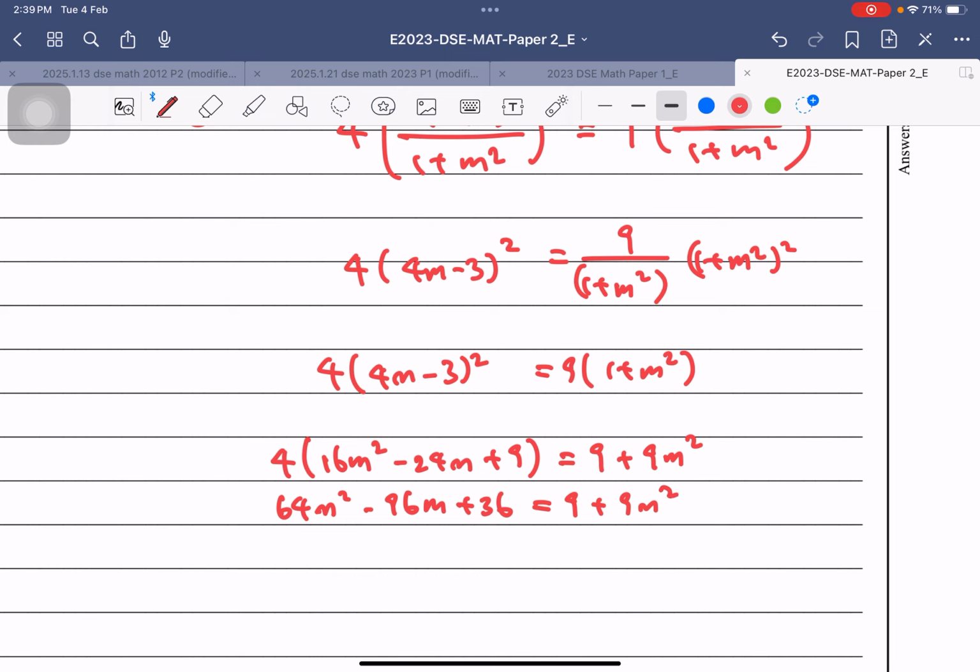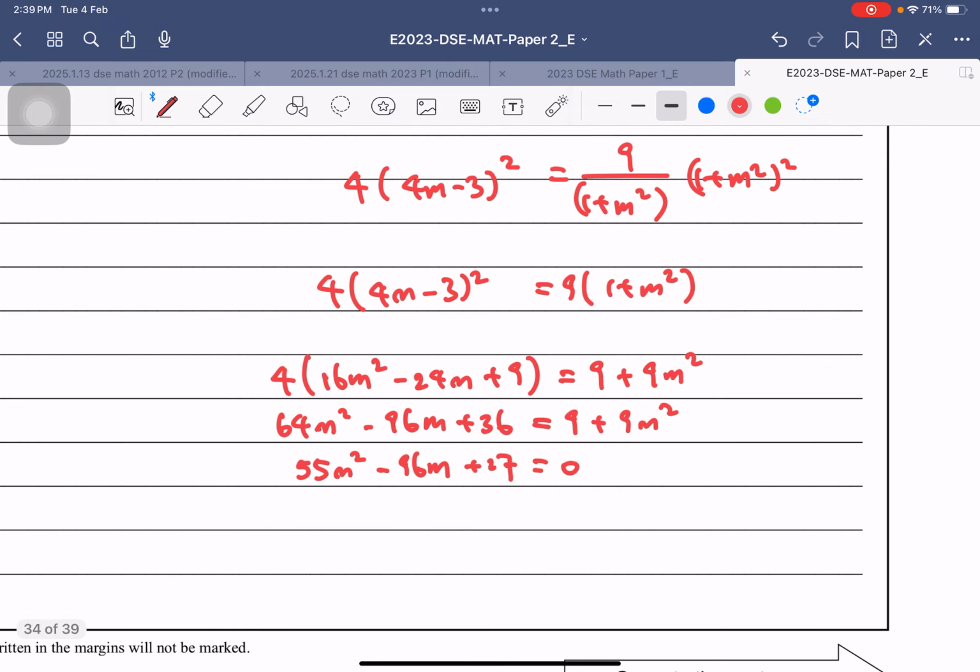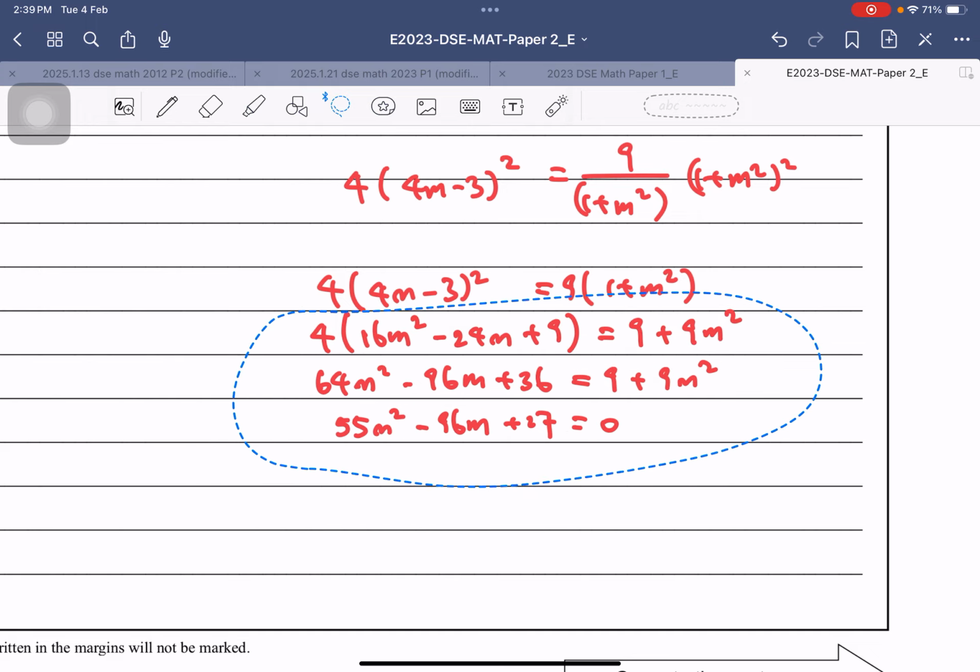Then you change back to the left hand side. So we have 55m squared minus 96m plus 27 equal to 0. Then can you use formula 1?